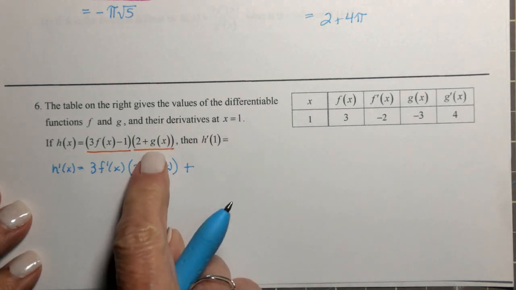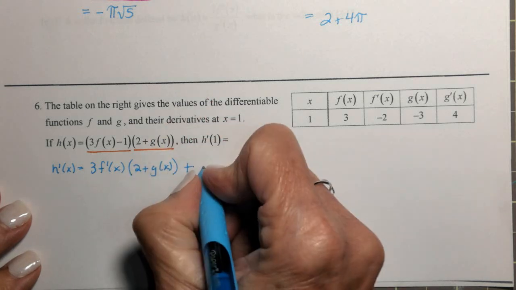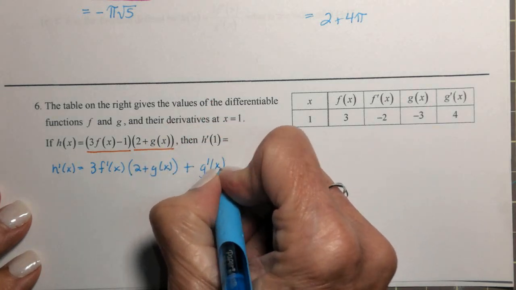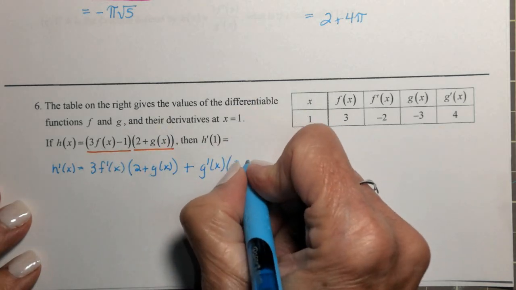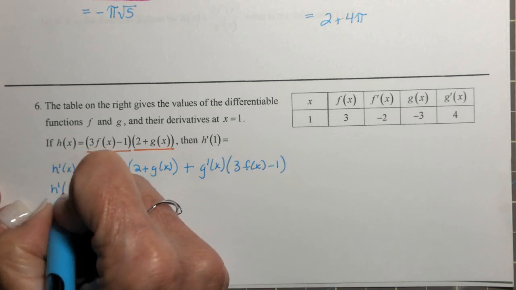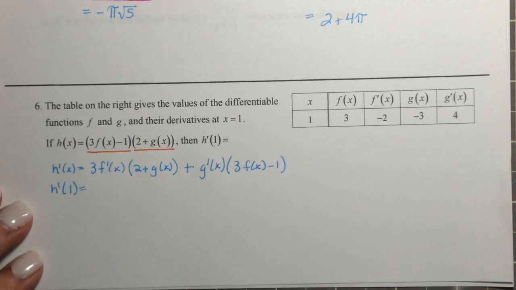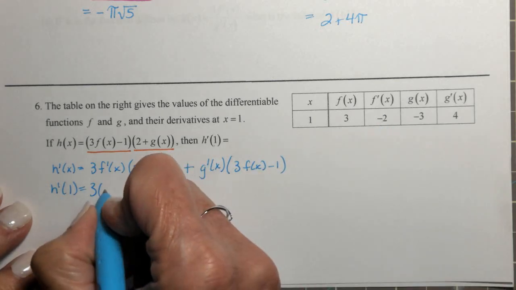Plus, now I go to the second function and take its derivative. Its derivative is just g prime of x. And I multiply by the first function left alone. And now I'm plugging in 1 for x. F prime of 1 is negative 2.